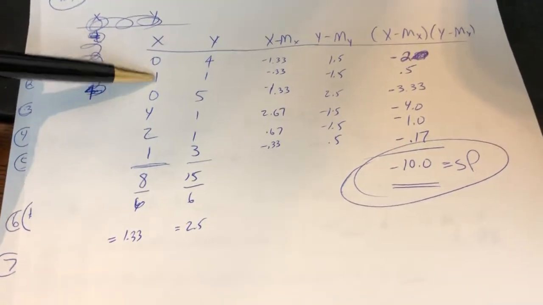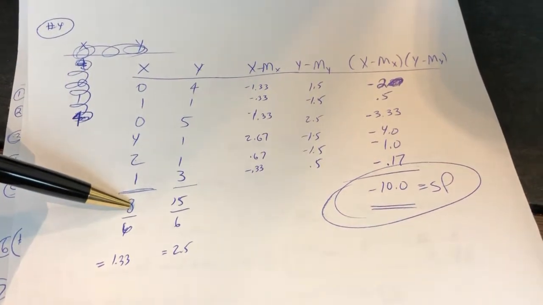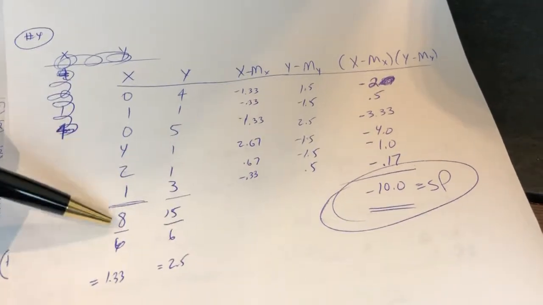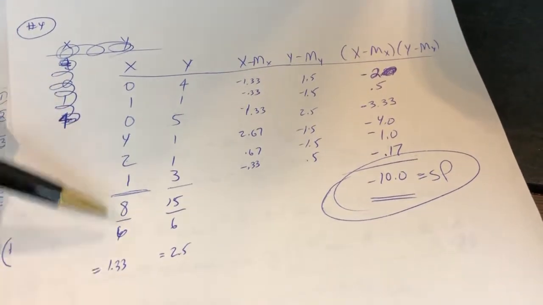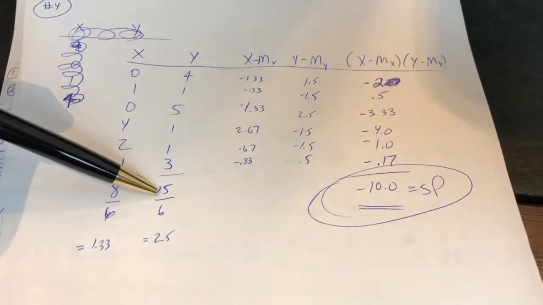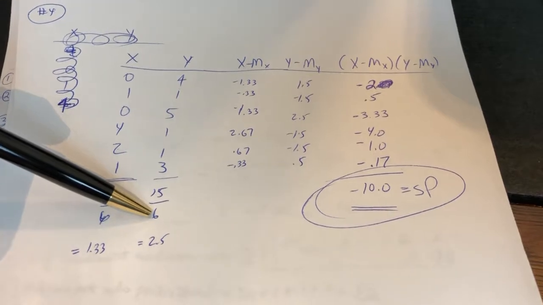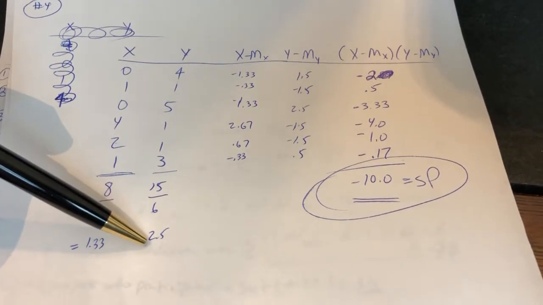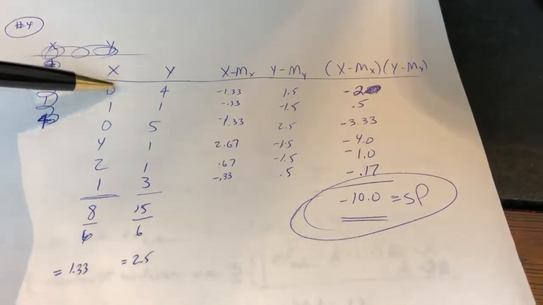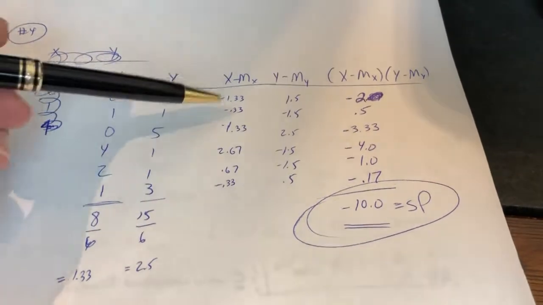But I think all we do is we add everything up and get the mean, which is 1.33. All of this adds to 8, divided by the total number we have, which is 6. That's 1.33. And then for y, we do the same thing. The total is 15. We have 6 numbers here, so it's 2.5. The next step will be to look at your x minus your mean. So you do that with each one.